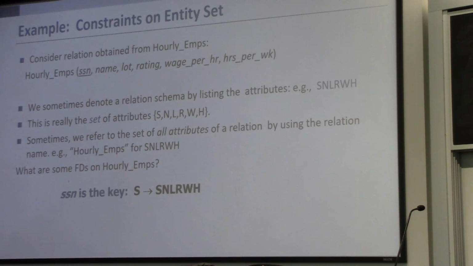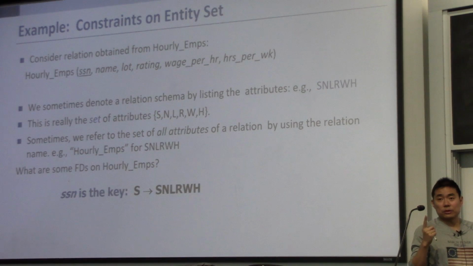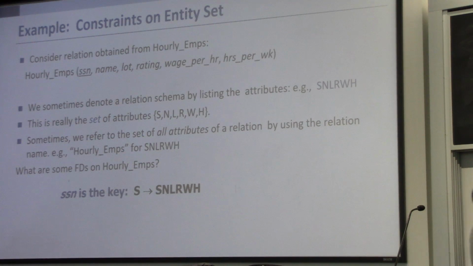Let's look at why S determining N is a functional dependency. In this case, what's my X? That's my X. This is my Y. Here, X and Y happen to be a single attribute. And what's my R? This whole thing is my R. Of course, don't confuse this R with this R. This R stands for the schema. This R stands for the rating attribute. So let me differentiate that using this calligraphic r.